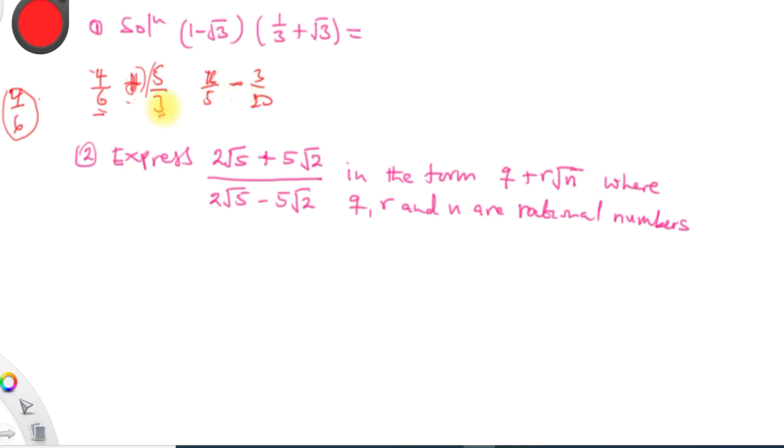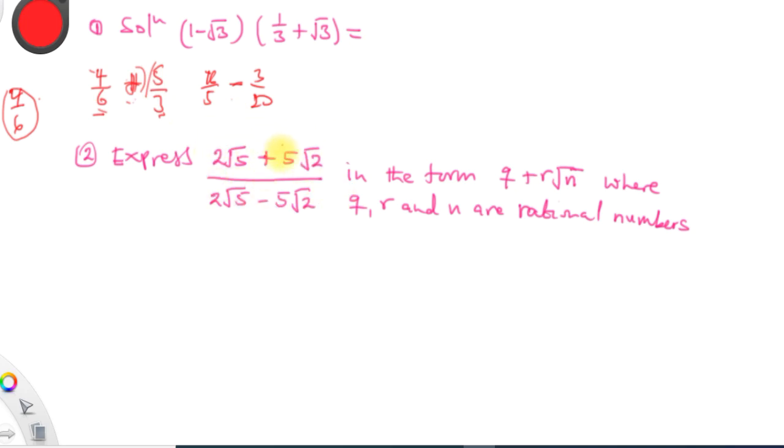It is the same with fractional surds. So you can be asked to add two fractional surds, or you can be asked to subtract. This is a fractional surd with only one term. That was what we considered in the previous video.